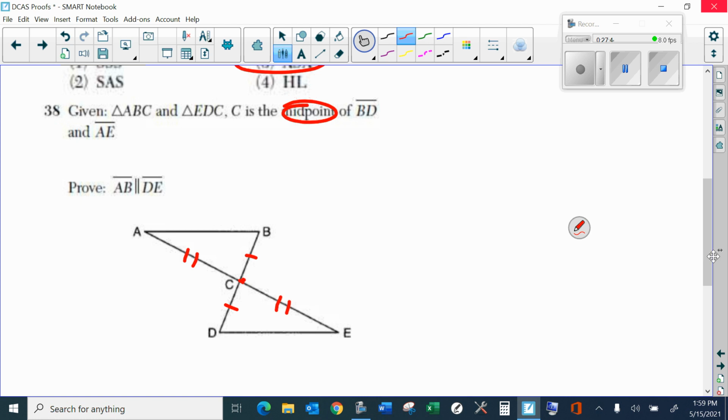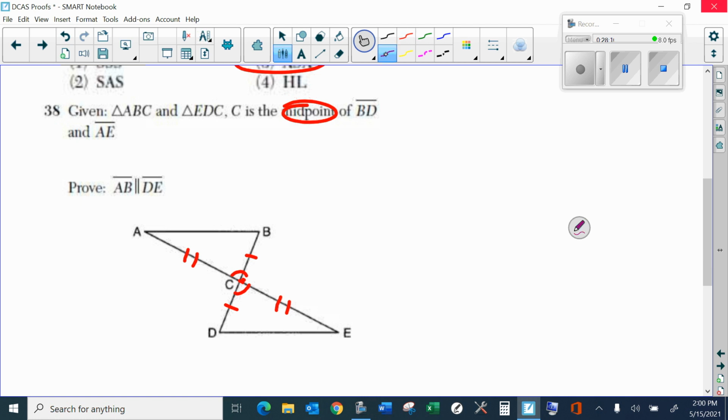So I'm going to say that those two segments, I'm not going to write it out, but you just say AC is congruent to EC and DC is congruent to BC, definition of midpoint. And then I'd have vertical angle theorem. Angle ACB is congruent to DCE, vertical angle theorem. Now you have that the triangles are congruent by SAS.